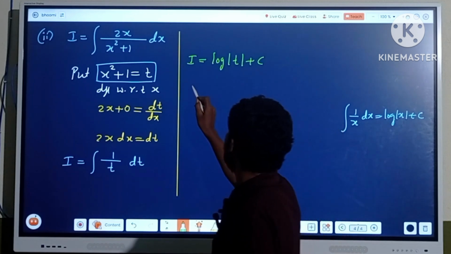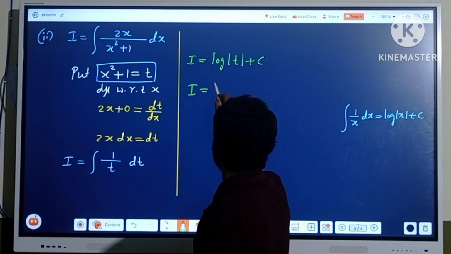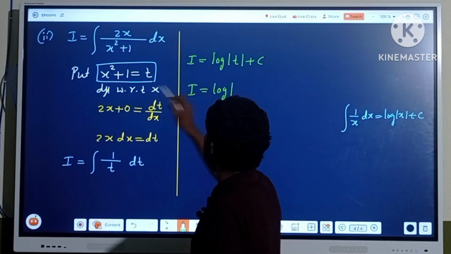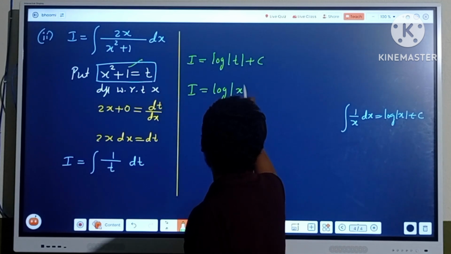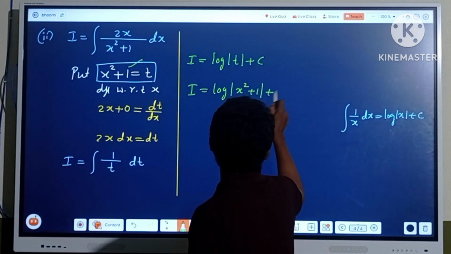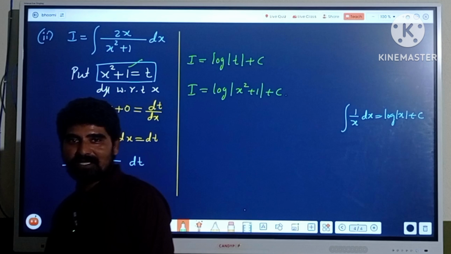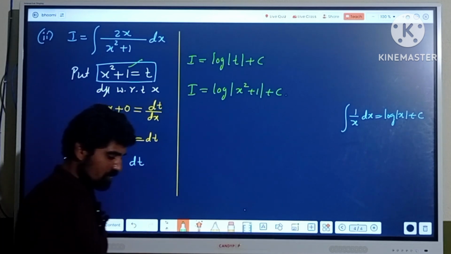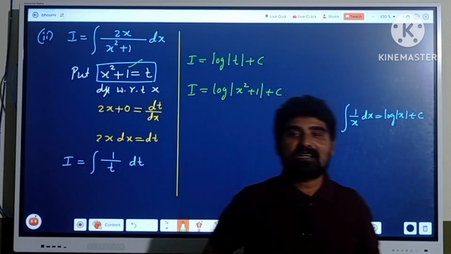And again at last we need to replace t: log of modulus x square plus 1 plus c. I hope all of you understood the concept of the substitution method to solve integral problems.